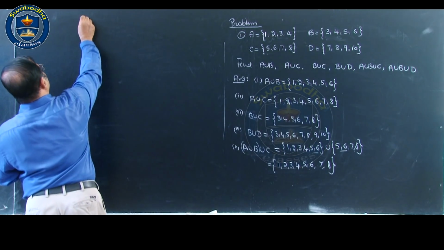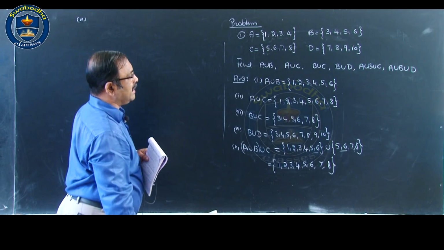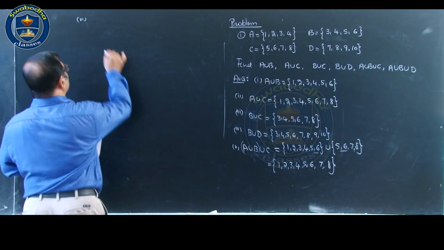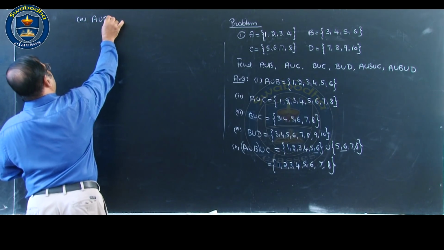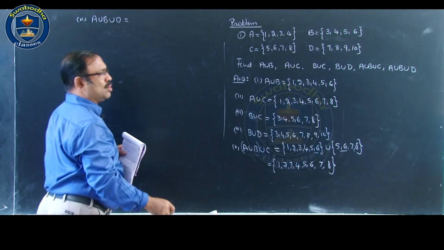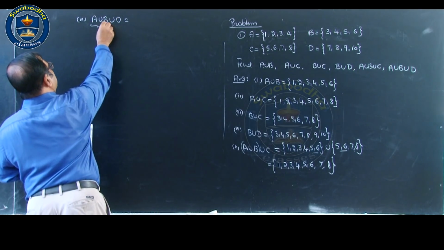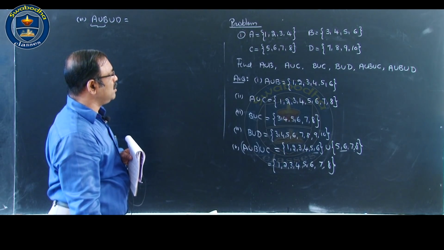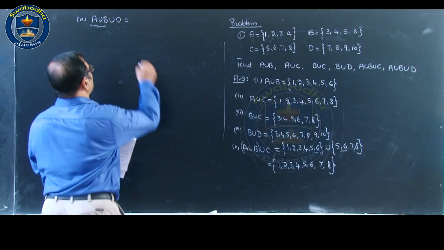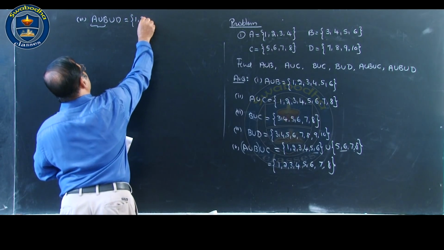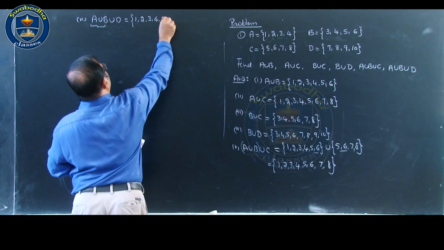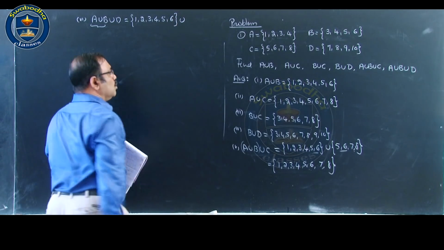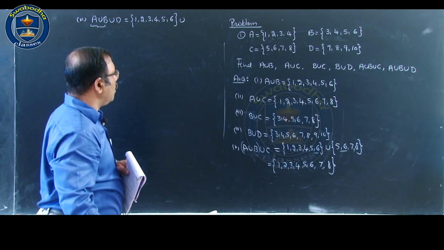The last one is A union B union D. First what to do? You take A union B. Already I have written that A union B. What is that A union B? 1 2 3 4 5 6, union D. What is D?